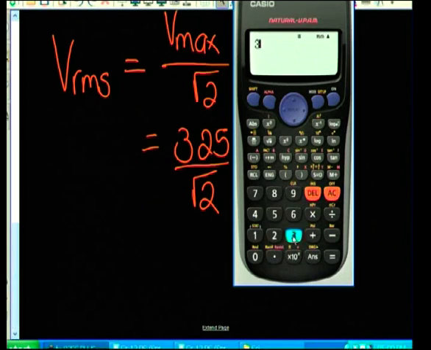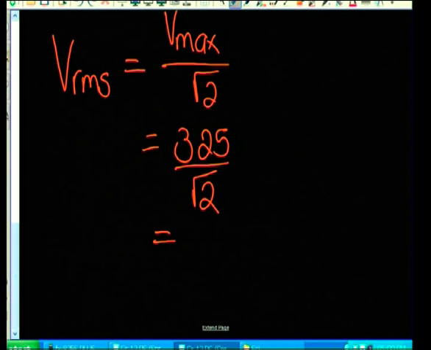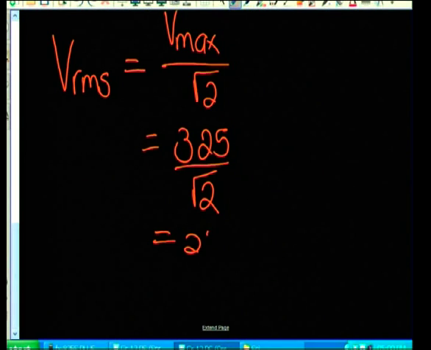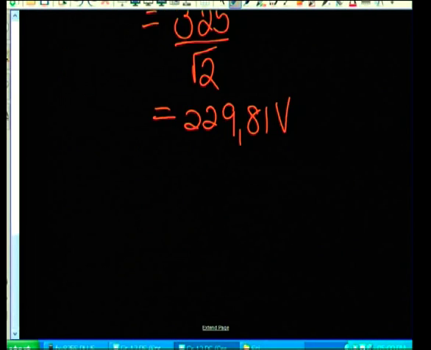On my calculator, there we go, 325 divided by square root 2: 229,81. Make sure your rounding's right. There we go, 229 comma 81. Okay, brilliant. We knew the RMS current was 13.